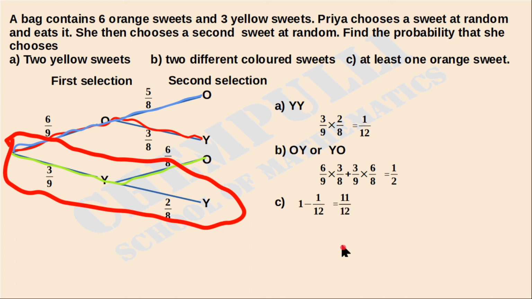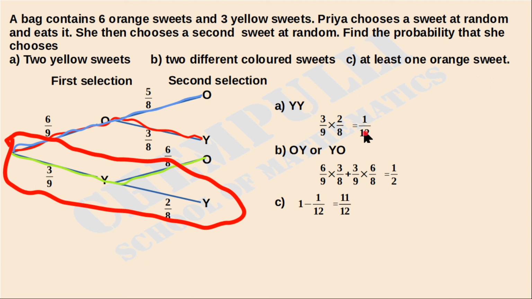So here, for at least one orange, the complementary part is the other part. It is easy to find that probability, because in question 1 we found that answer is 1 over 12.